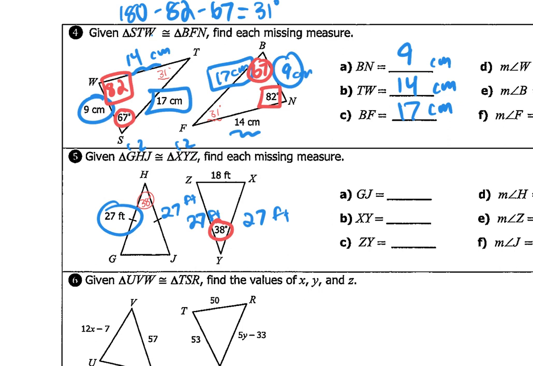A triangle that is isosceles has 2 congruent sides, which also means 2 congruent angles. We talked about how that congruent angle is always going to be opposite the congruent sides. And so what that means here is that angle G is congruent to angle J. And same thing over here, angle Z is congruent to angle X.